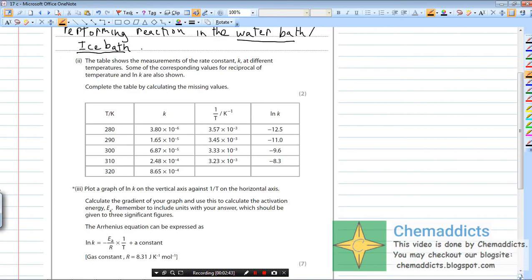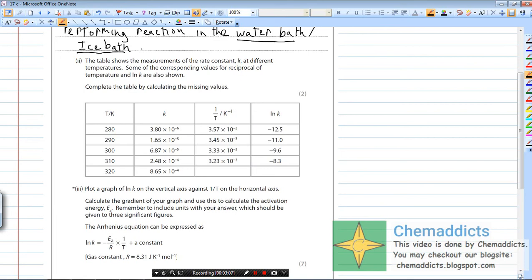Here this 1 by T means the reciprocal of this temperature. T is temperature, and this 1 by T is the reciprocal of the corresponding temperature. And this K is rate constant, where ln K is the ln of rate constant.